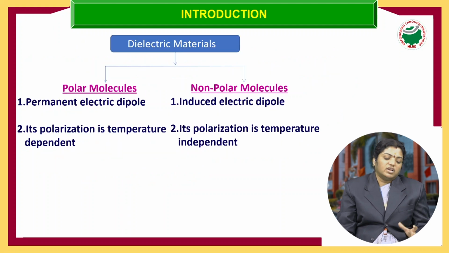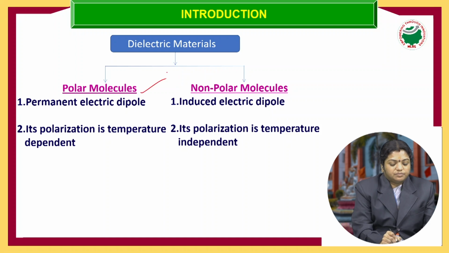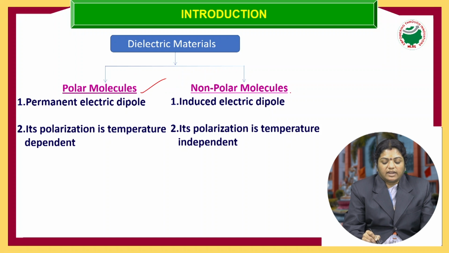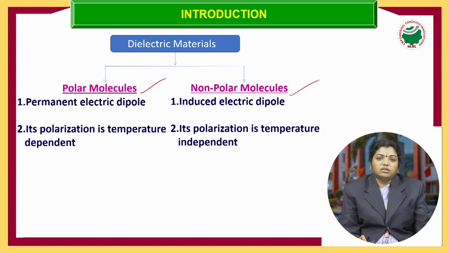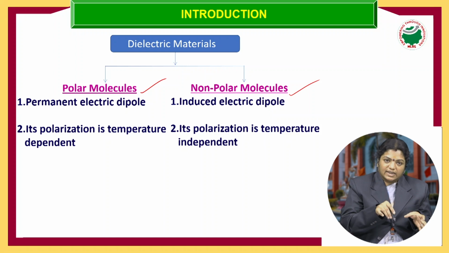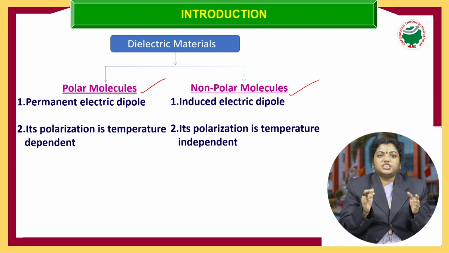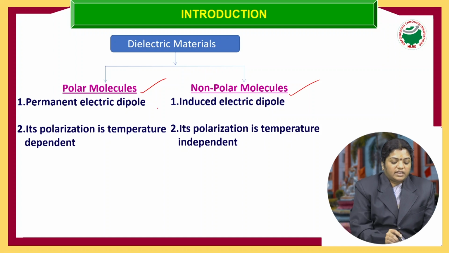Next, dielectric materials are of two types. One is polar molecules, and the next is non-polar molecules. What is the difference between polar and non-polar molecules? Polar molecules are those in which the dipoles already exist in the dielectric material. In such insulating materials, already existing dipoles are called polar molecules.